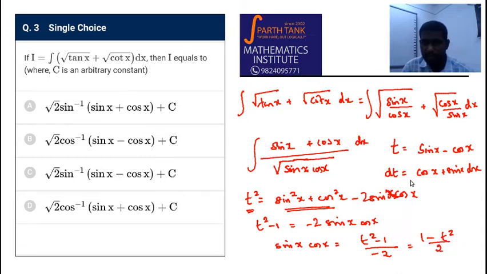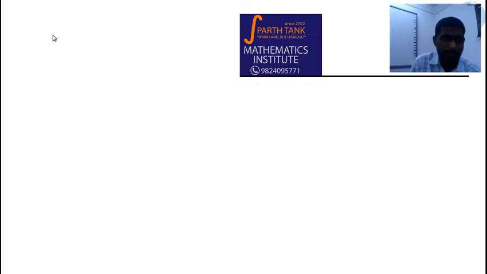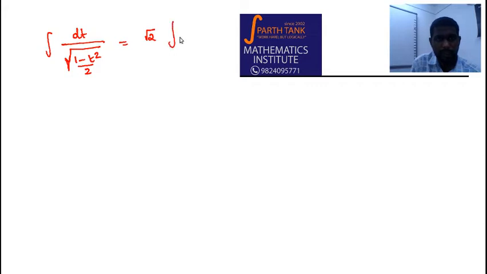Okay, so you got the numerator as dt and the denominator as 1 minus t squared by 2, right? So the integral becomes dt upon square root of 1 minus t squared by 2. So take the root 2 outside and I have integral dt by square root of 1 minus t squared.